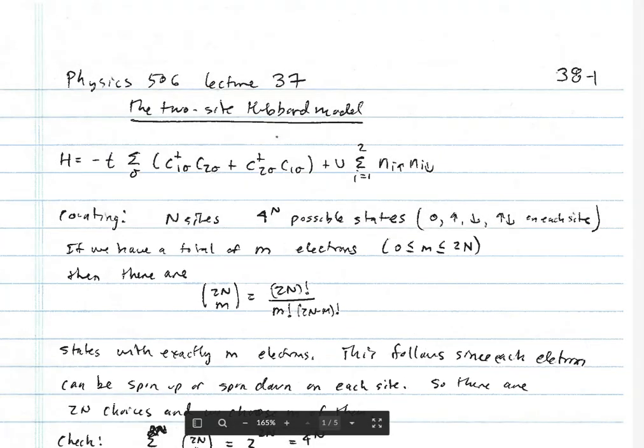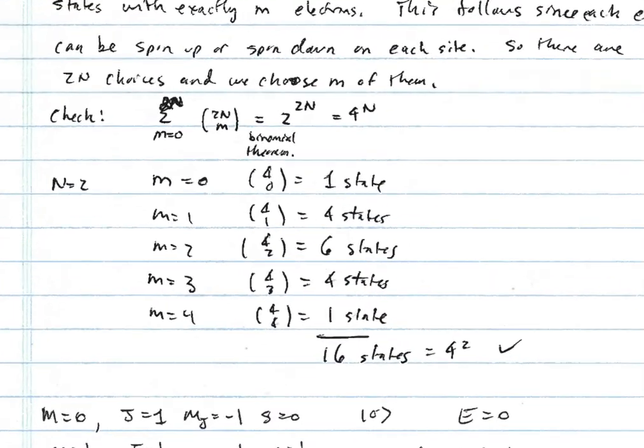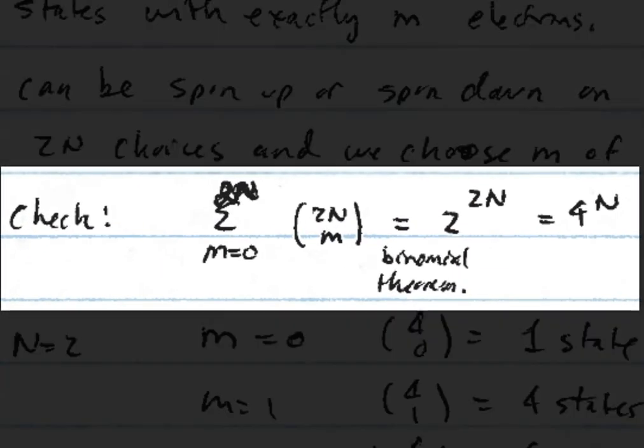Let's do a check to make sure that that's really correct. So the way that we're going to check is we're going to sum the total number of electron states that we have. So we're going to sum m equals 0 up to 2N of this binomial factor 2N choose m. And now if you go and you look up the binomial theorem, you can see that that is given by the sum of those binomial coefficients.